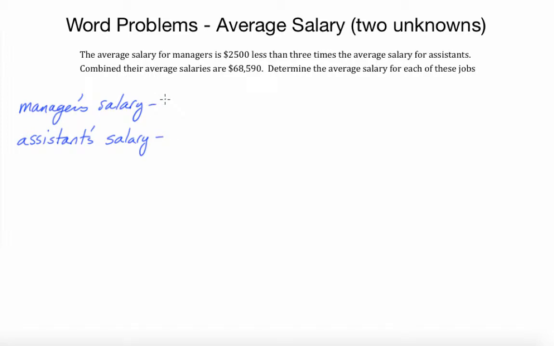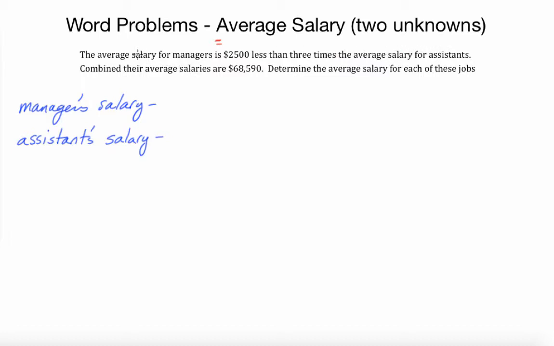Okay, so I have two things I don't know. How do I use X? How do I define my variables? Well, let's look closer at what we're reading in the problem here. The average salary for managers is, there's an equal sign, right? Okay. So already I'm starting to relate something now. It is $2,500 less than 3 times the average salary for assistants.